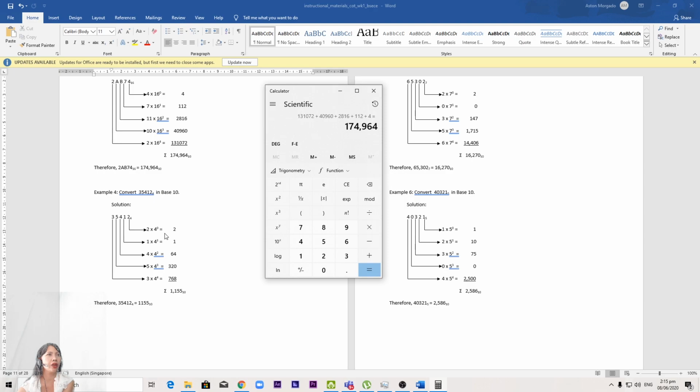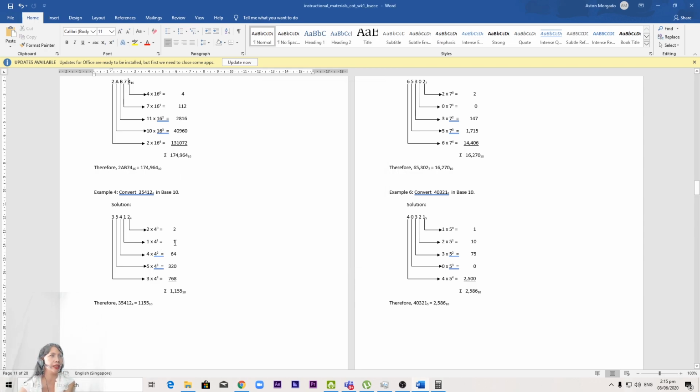Again, the LSB starts with the exponent of 0. So this is our LSB. This would become 2 times 4 raised to 0, or 2 times 1 is 2. And then the next digit is 1 times 4 raised to 1, so 1 times 4 is 4.